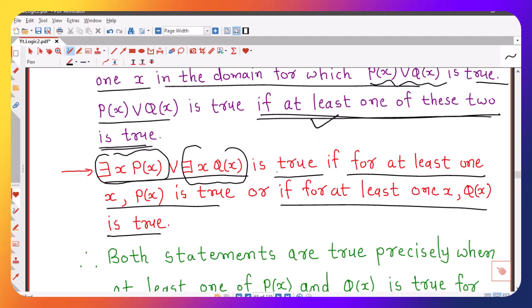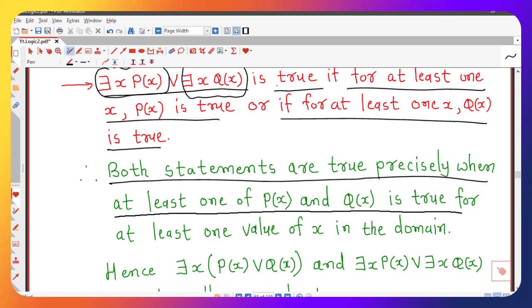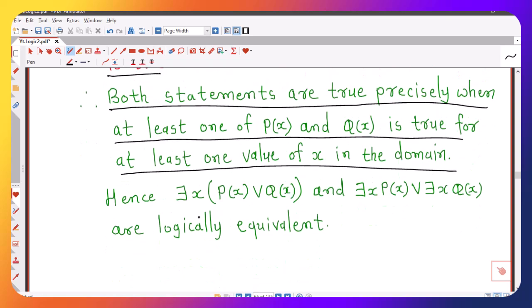Here also we have the same thing, if at least one of px and qx is true. That means both statements are true precisely when at least one of px and qx is true for at least one value of x in the domain. That implies that these two are logically equivalent.